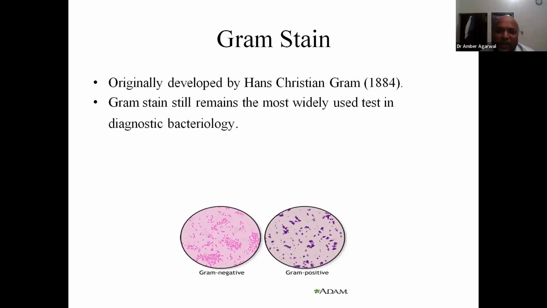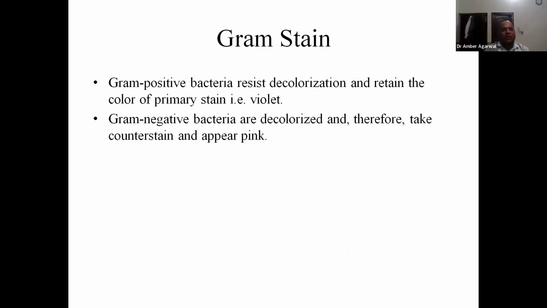But sometimes if the patient is on antibiotics, the cell wall breaks and that can be identified as gram negative diplococci. So that is one difficulty in patient samples. If we go to the principle, gram positive bacteria resist the decolorization and retain the color of the primary stain, whereas gram negative bacteria decolorize and therefore take the counterstain and appear pink.